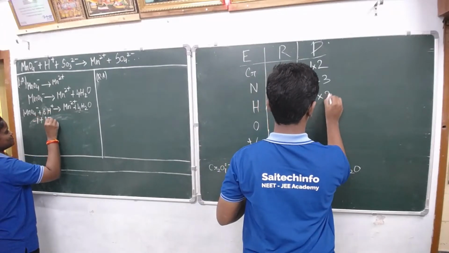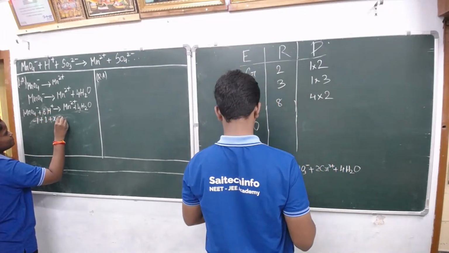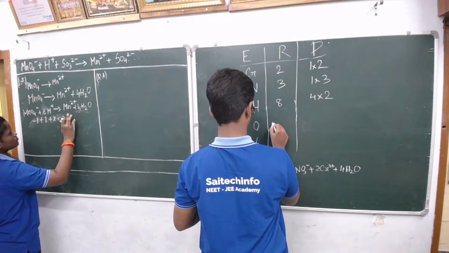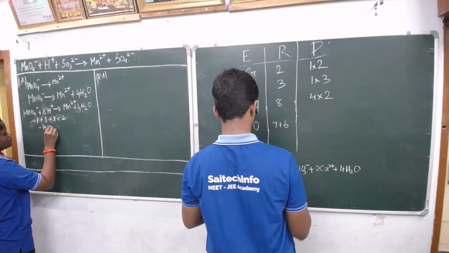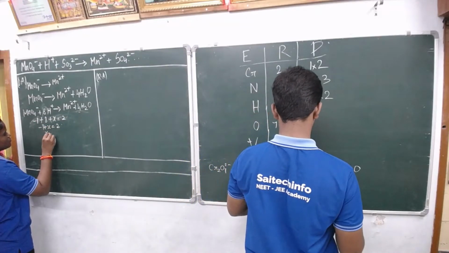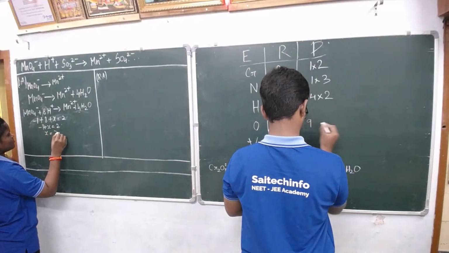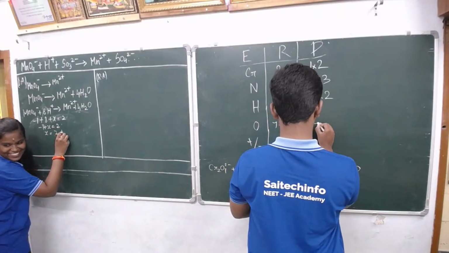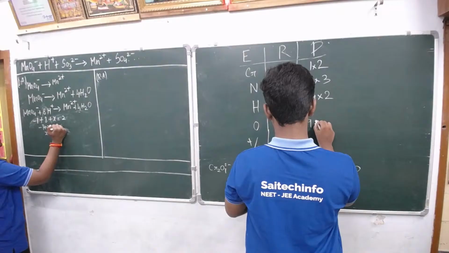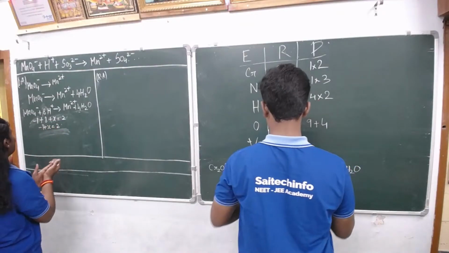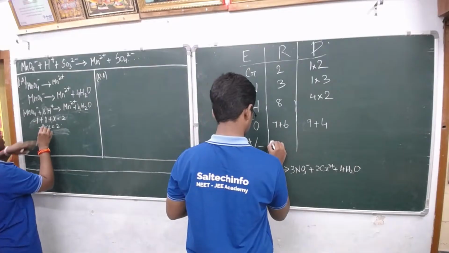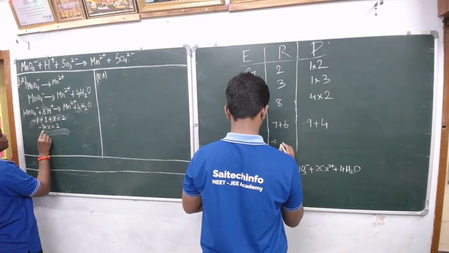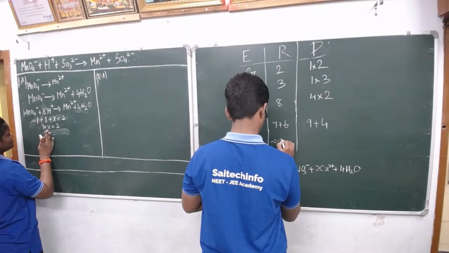You are going to add electron on the left side, plus 7. No, you proceed. Don't follow anybody.